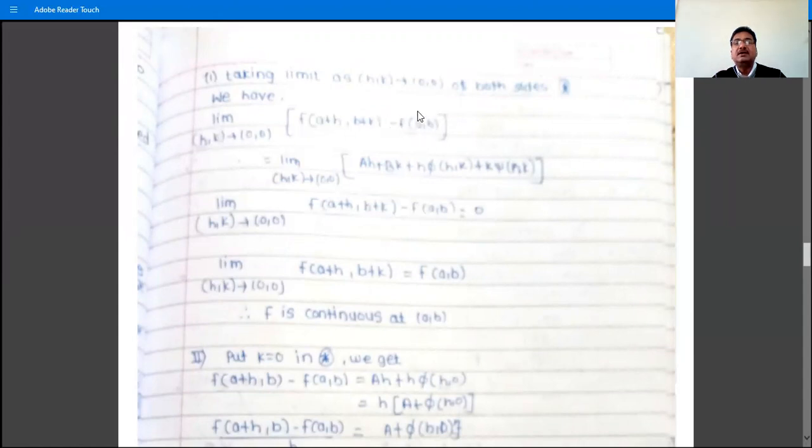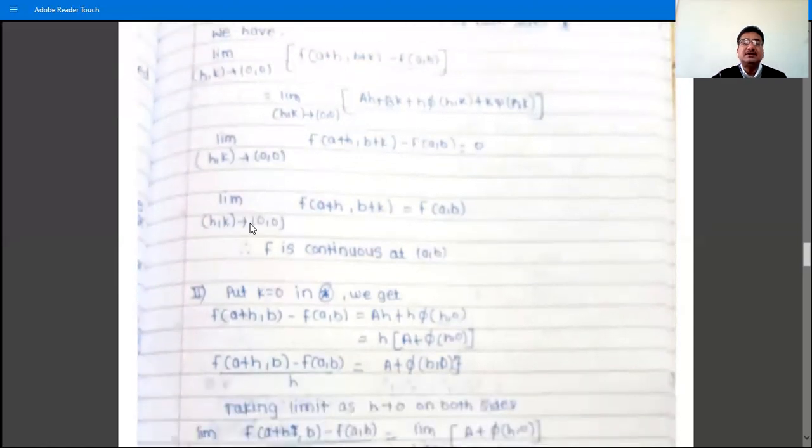There is no h or k in f(a,b), and therefore its limit is itself. So the limit of f(a+h, b+k) minus f(a,b) is equal to the limit of the RHS, which is 0. Then shift this f(a,b) to the right side, and we have the limit as (h,k) tends to (0,0) of f(a+h, b+k) equal to f(a,b).